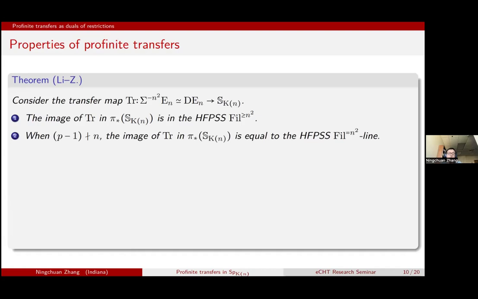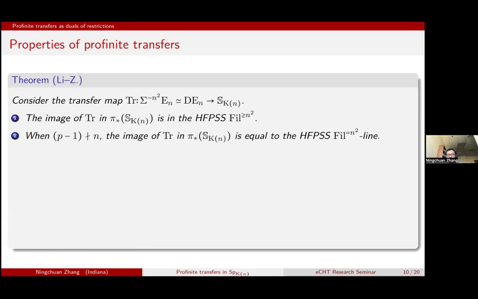Because under this assumption, the homotopy fixed point spectral sequence will have a horizontal vanishing line at s equals n squared on the E2 page. So this is indeed the top filtration. So those first two bullet points give you some description of the image of the transfer in the homotopy group of the canonical sphere.